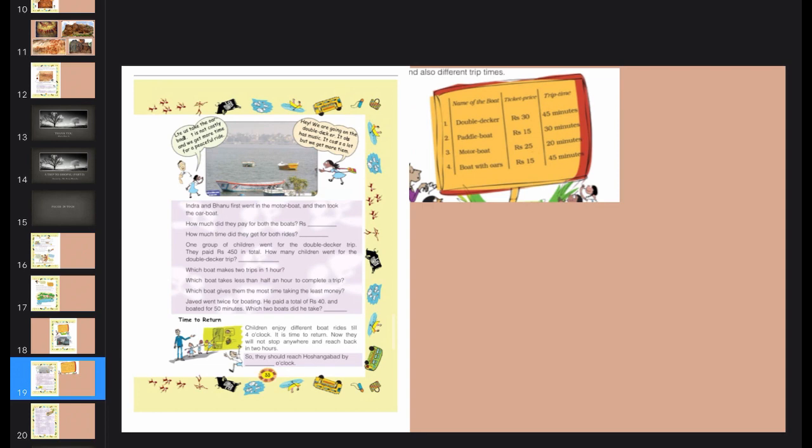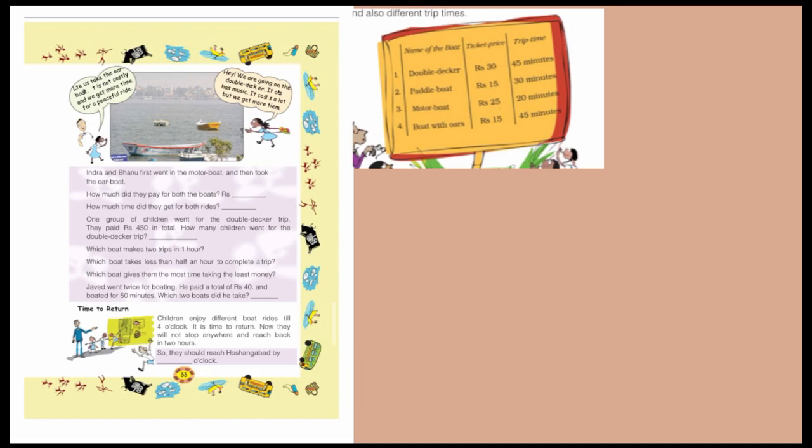Next, one group of children went for the double-decker trip. They paid rupees 450 in total. Now let us find out where is the double-decker trip. This is the double-decker trip. For one student it will take rupees 30, but they have paid rupees 450.